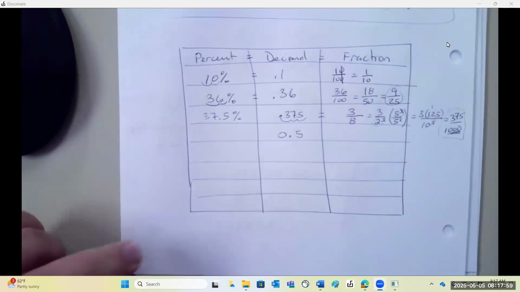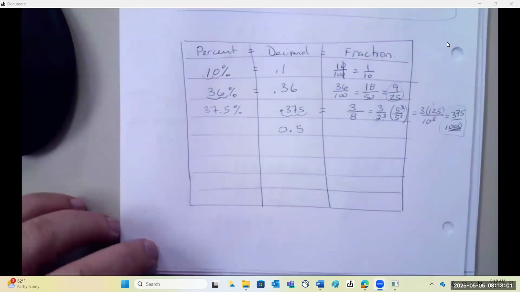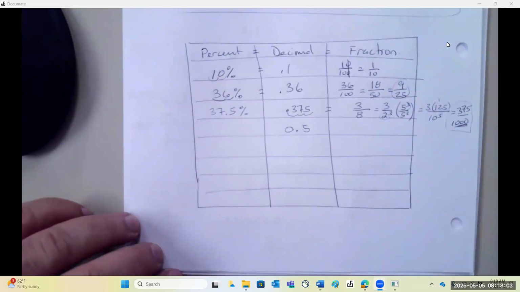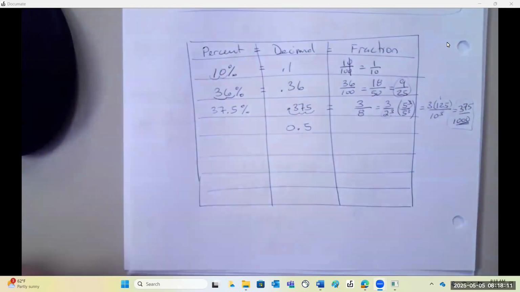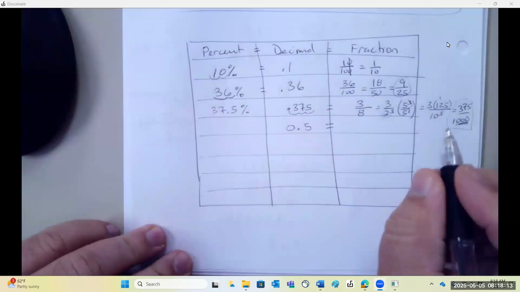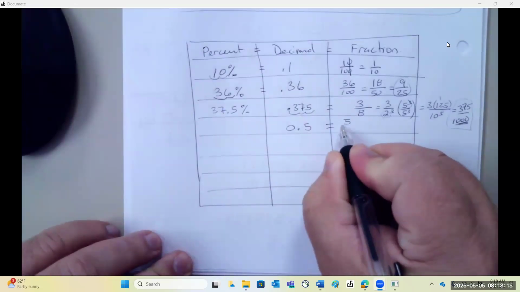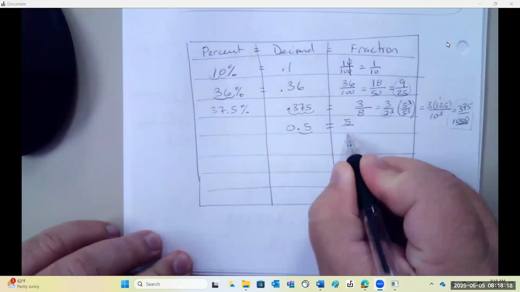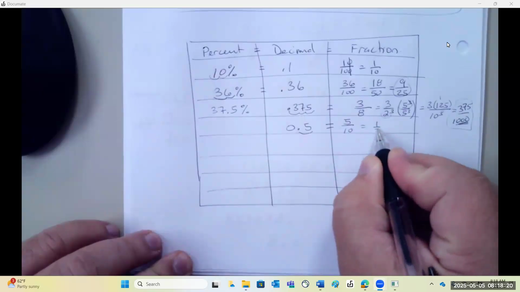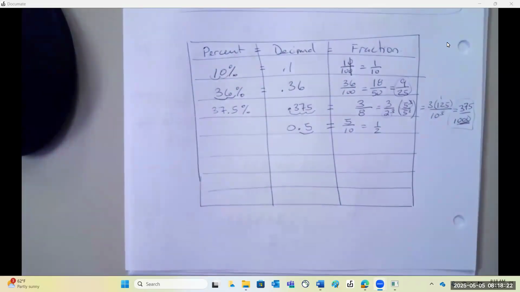I gave you the decimal, so what's the easier way to go? Would it? No. So let's do this one first. Since it's only one space, it's over 10. You doubted yourself.